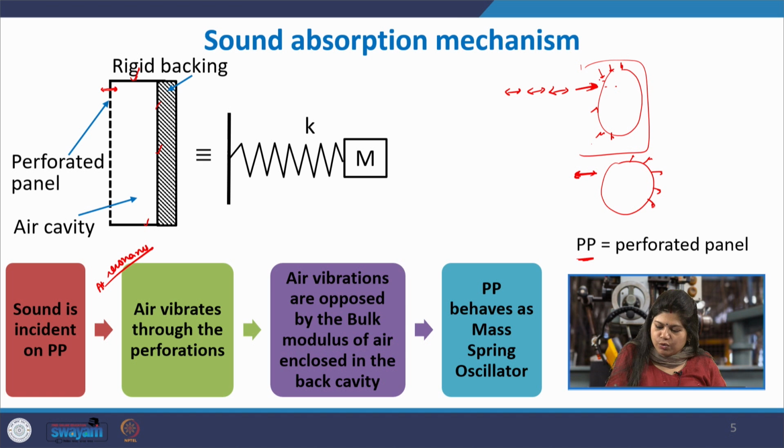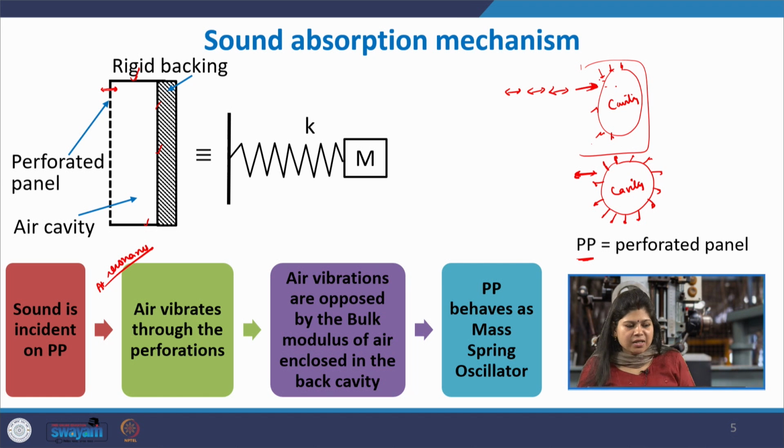So it leads to expansion and compression of the air particles within the confined cavity, and because of its inherent bulk modulus, it is going to oppose this. Just like the concept of the Helmholtz resonator, I will not repeat it in detail, but it is the same thing, like an air spring oscillator. So, it behaves like an air mass-spring oscillator system. So, what is the mass?